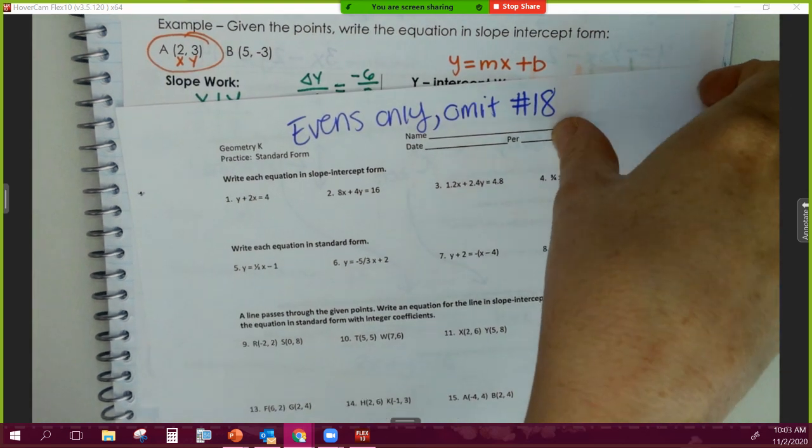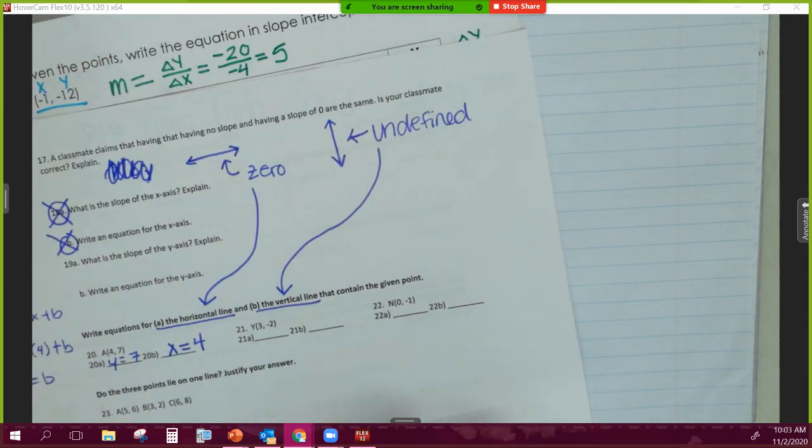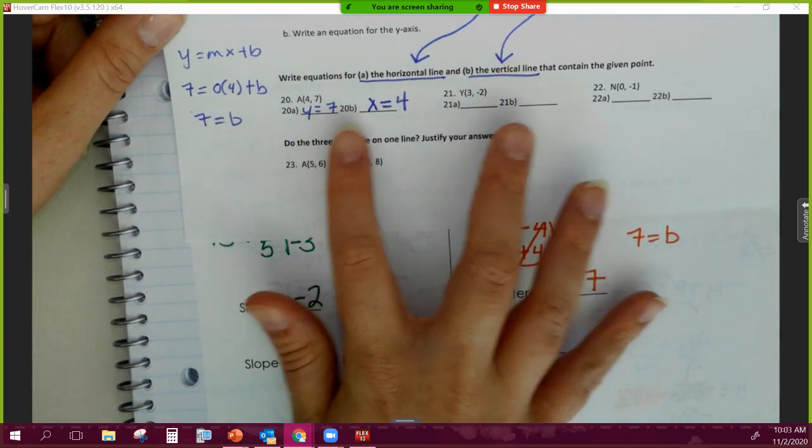And then one thing, there's a question on the back, 20 and 22.